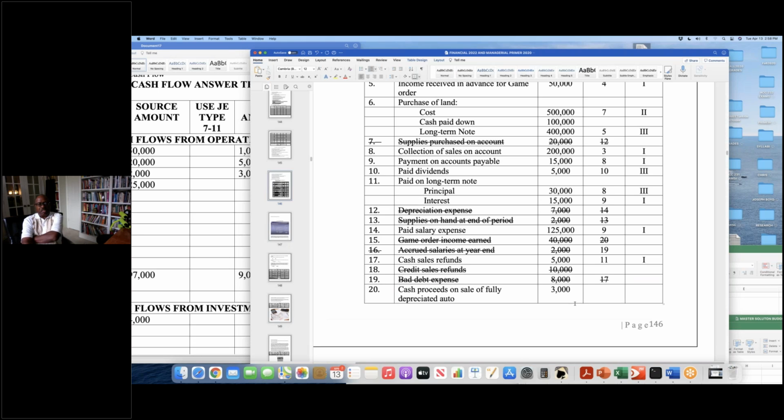Cash proceeds on the sale of a fully depreciated automobile. Isn't that type 14? No. Yes, that's the type 14. Oh. So cash proceeds, you got cash.